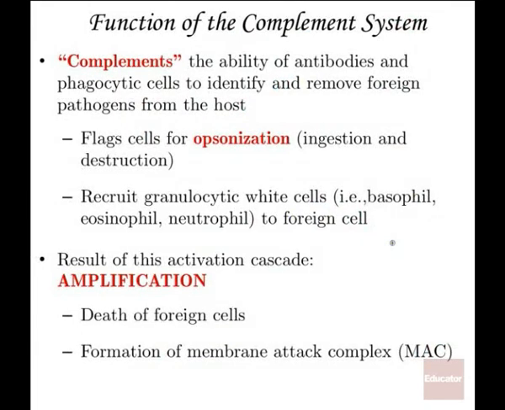So complement is exactly what that word means. It complements, it works with other aspects of the immune system to eradicate these antigens and pathogens.